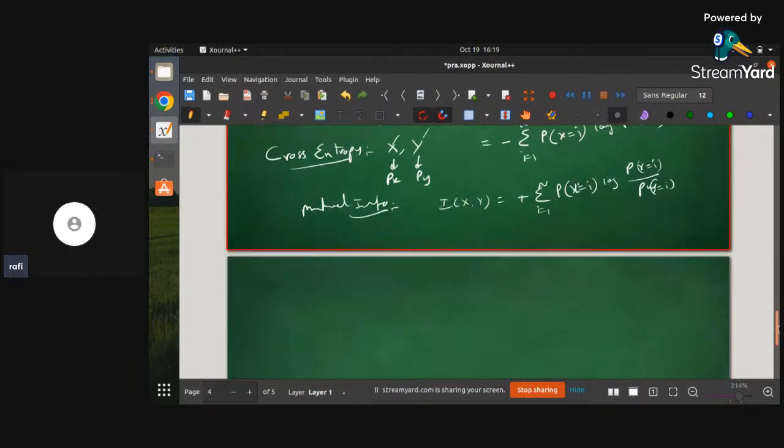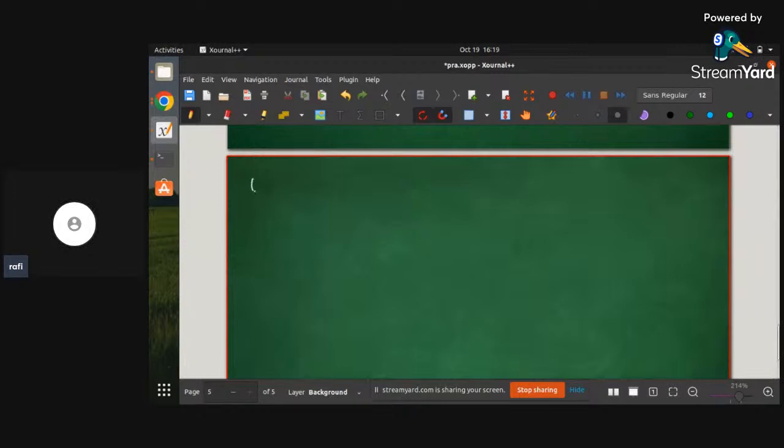I will write the equations once again. So entropy is defined as H of X, with respect to this random variable X, which is summation over i p of xi log 1 by p of xi, or minus log of p of xi.